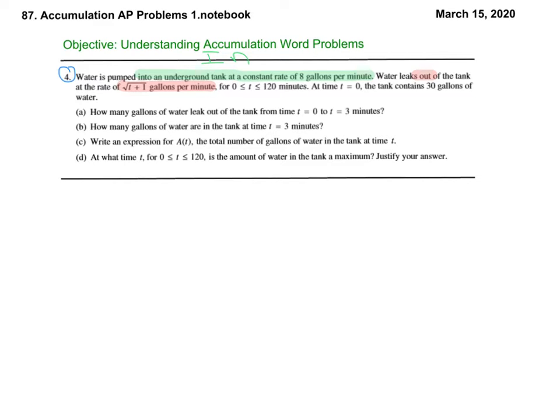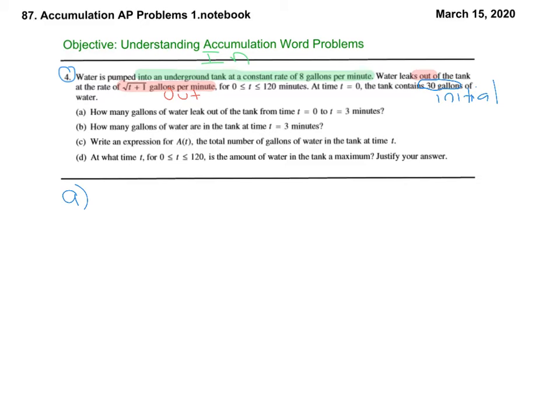So that's our out. From 0 to 120 minutes, at time t equals 0, the tank contains 30 gallons of water. So what does that 30 represent? That's our initial. So notice, again, we have an in, we have an out, and we have our initial.